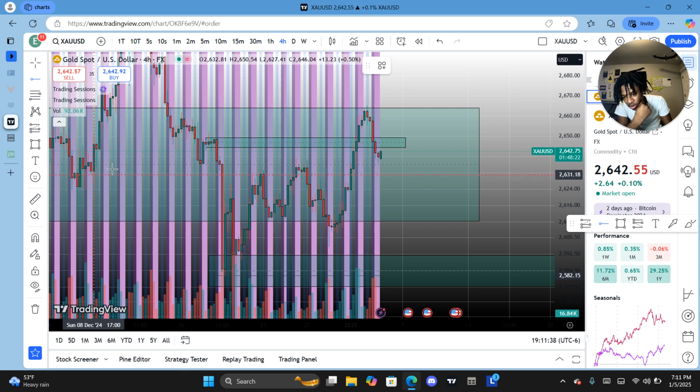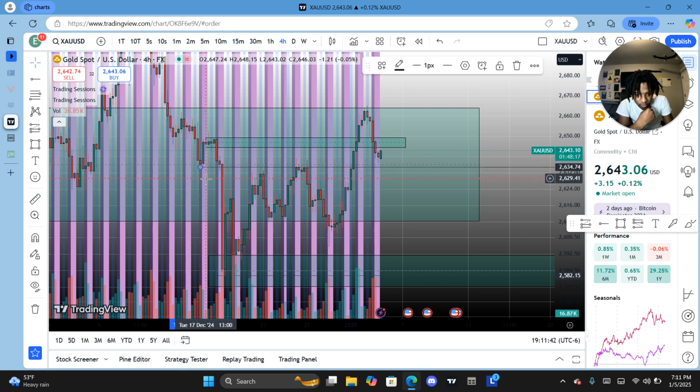Actually, this level right here has been raided. There's no liquidity there, so most likely it would either continue going down or come back up.